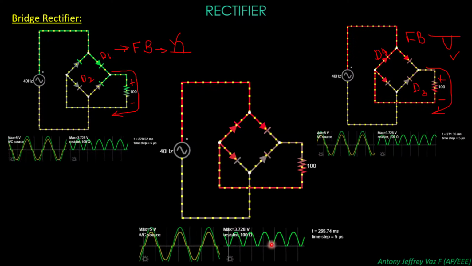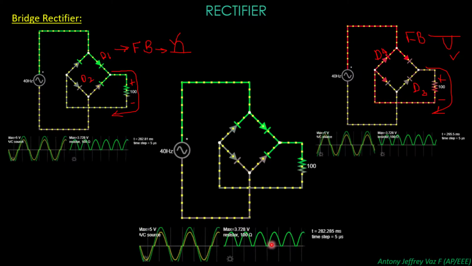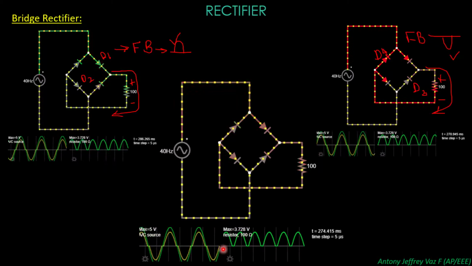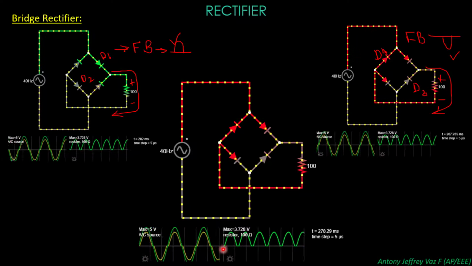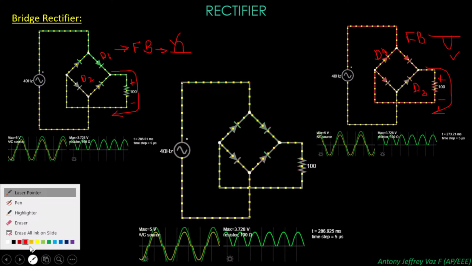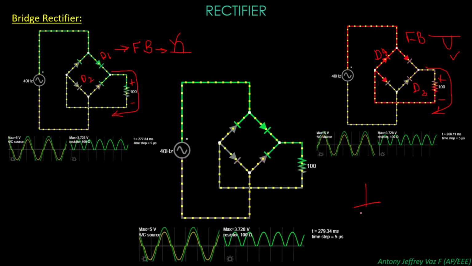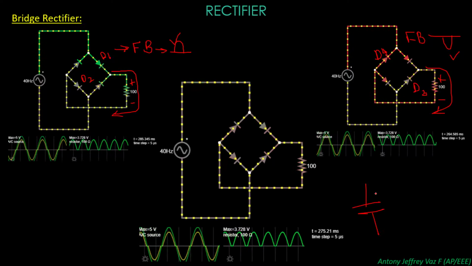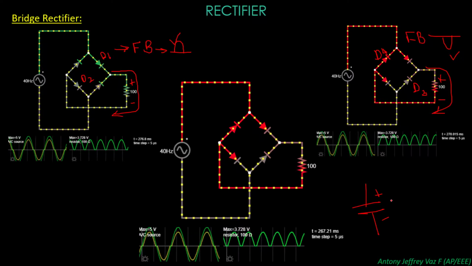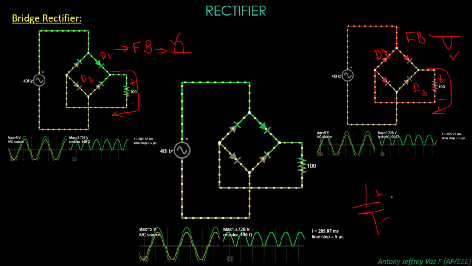To convert this pulsating DC supply into a pure DC supply, you need to use a capacitor. You need to use an electrolytic capacitor, and there are several ratings present in electrolytic capacitors.